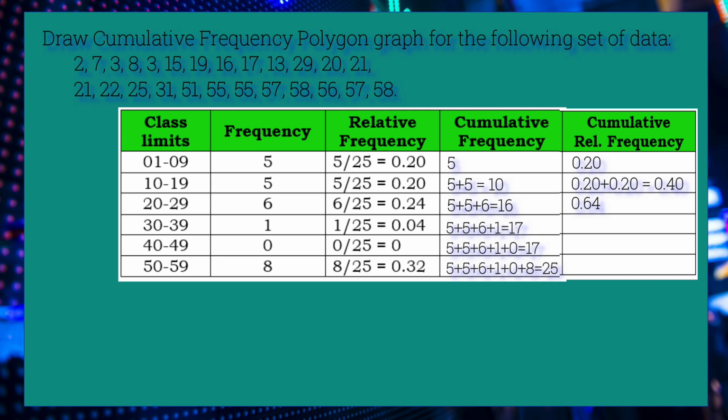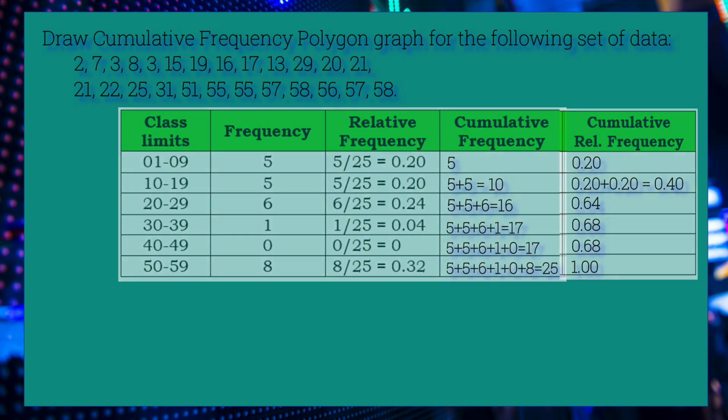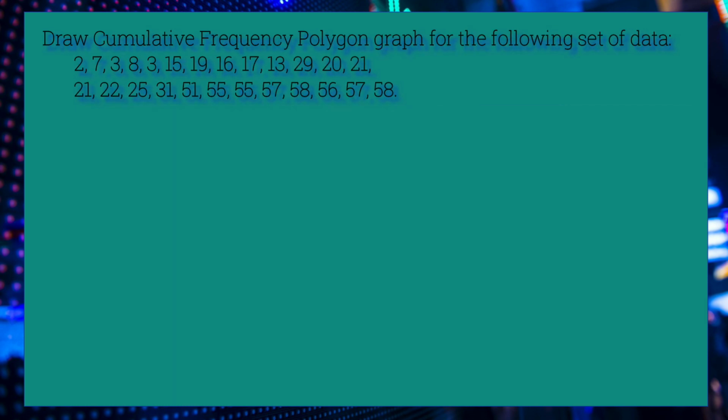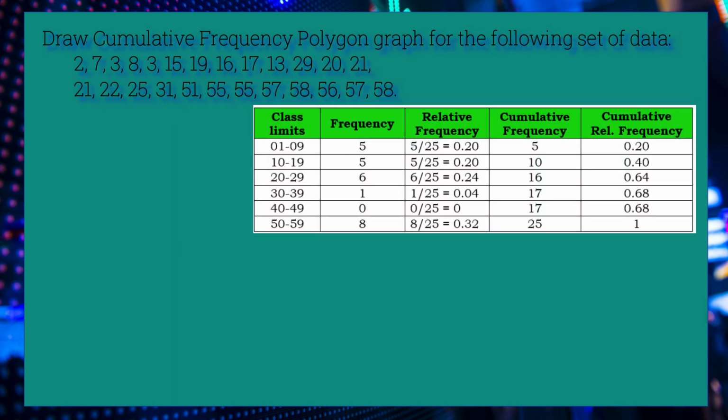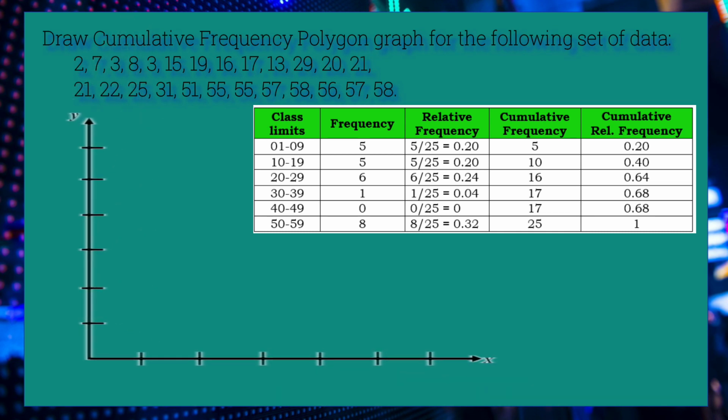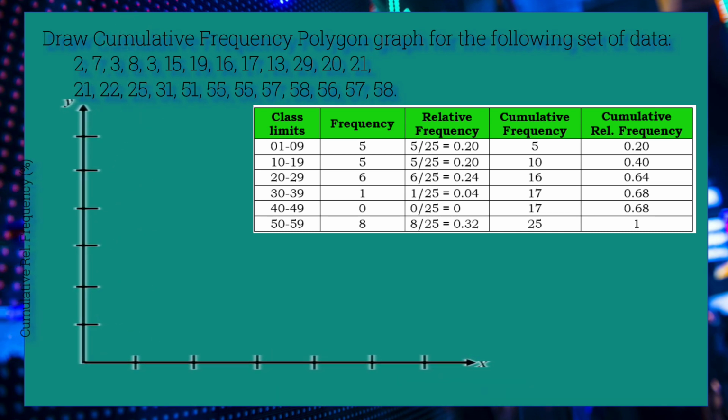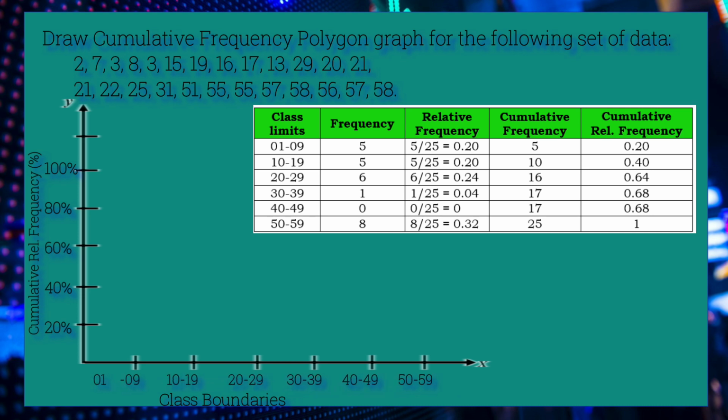If you do this step correctly, your values should add up to 100% or 1 as a decimal. Next step is to draw a Cartesian plane with percent cumulative relative frequency on the y-axis. Mark the x-axis with the class boundaries. Plot your points. Note that each point should be plotted on the upper limit of the class boundary.